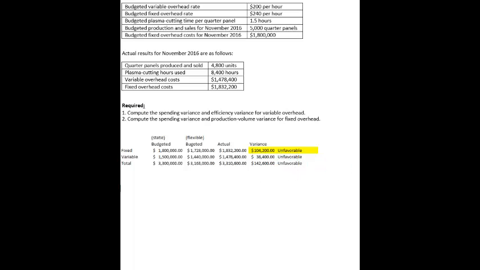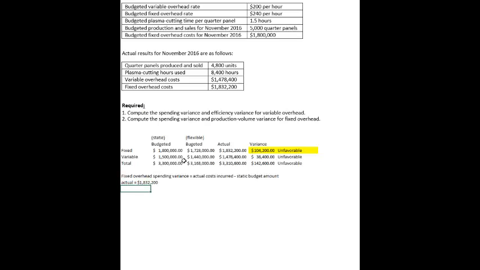So we come up with two different ways to split that variance out. One is what we call a fixed overhead spending variance. What that does is it simply compares what we actually spent with, I think there's actually a misprint in the book, not the flexible budget amount, but the static budget amount. So the actual costs were $1,832,200.